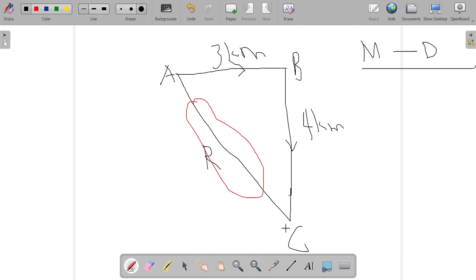But how do we get the direction? The direction is gotten by specifying an angle somewhere, which will be inclined horizontally. What I mean is, the angle we are specifying must be inclined to a horizontal line.